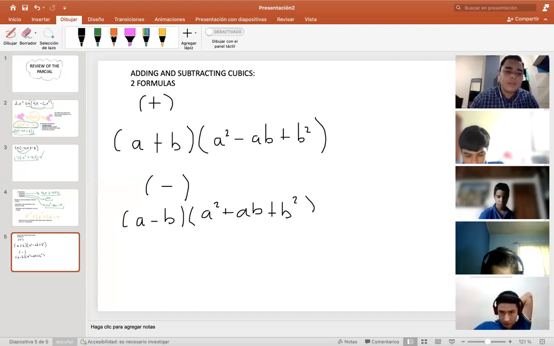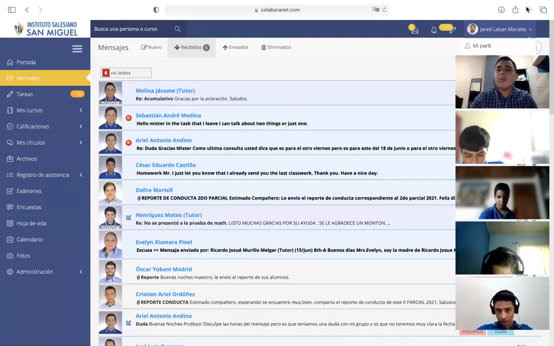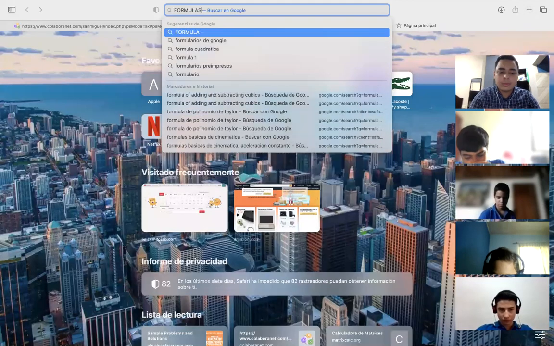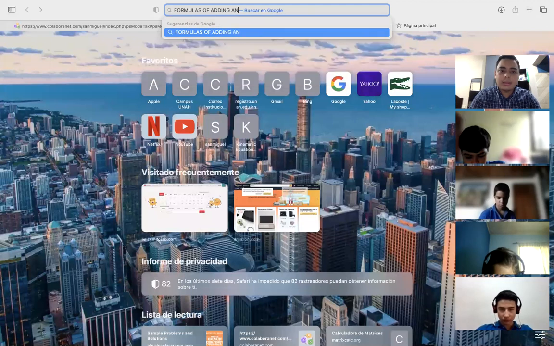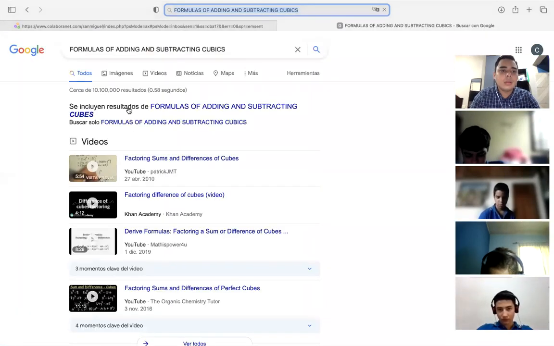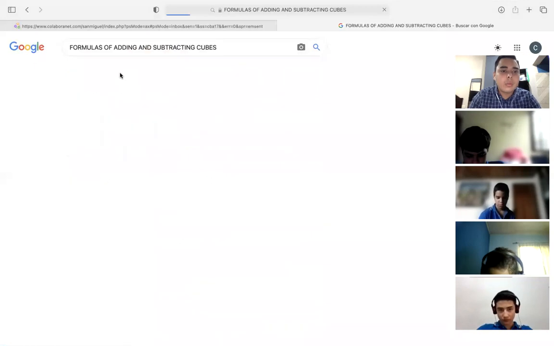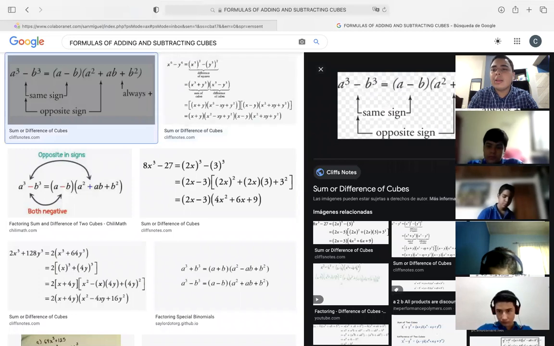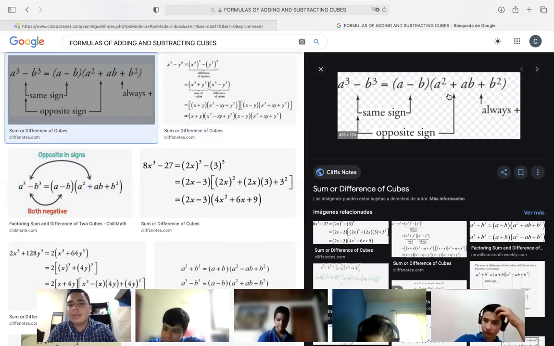If you are confused, guys, let's go to Google and search for the formulas of adding and subtracting cubics, or cubes. We're going to have the formulas here. When we are subtracting, this is the formula: a minus b, parentheses, a squared plus ab plus b squared.